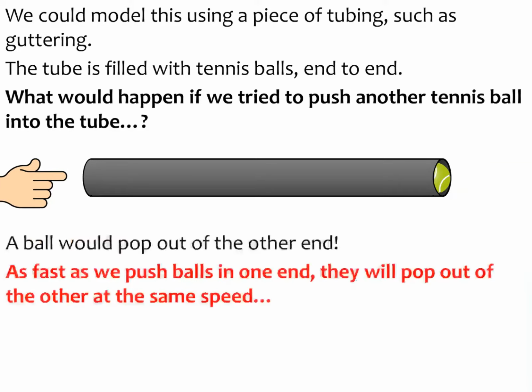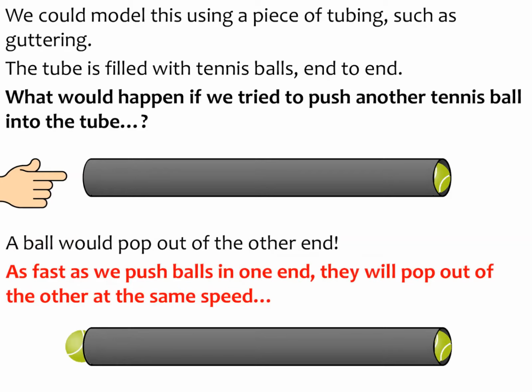And as fast as we push balls into one end of the tube, they will pop out of the other at the same speed. Now the number of balls inside that tube does not change, it remains the same. As long as we are pushing the balls in at the same speed as they're coming out, the number of balls inside will stay the same. And that models our salt dissolving in water. As long as the rate of crystallising and dissolving is equal, the amount of solid salt remains the same.